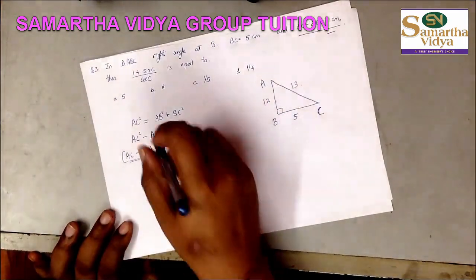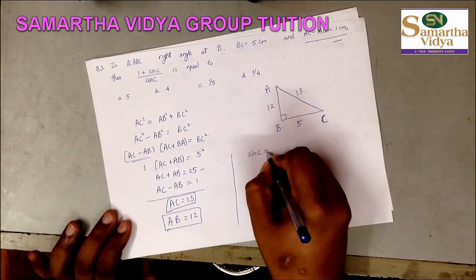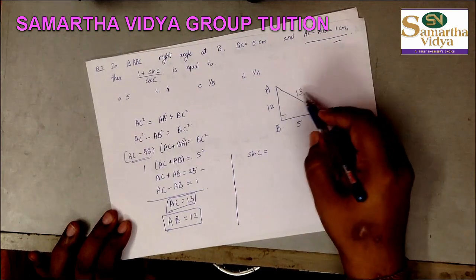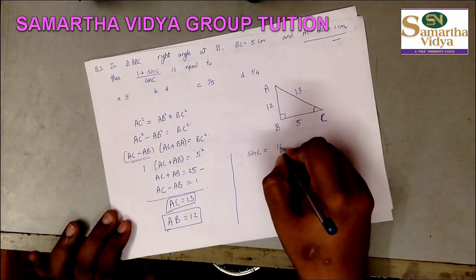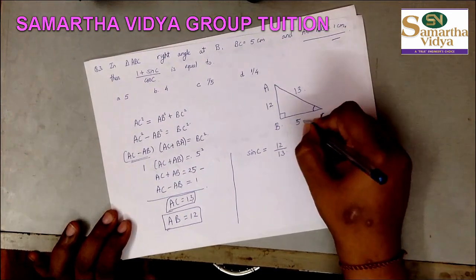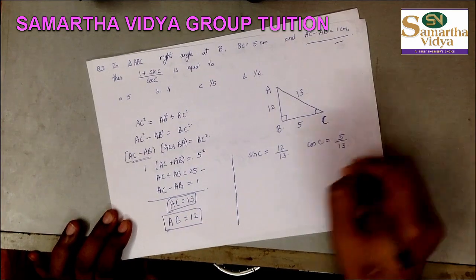Now I need to find what is sin C. So you can see sin C, this is my angle C. Sin is nothing but opposite upon hypotenuse, so it's 12 by 13. And cos C, it is adjacent upon hypotenuse, so it's 5 by 13.